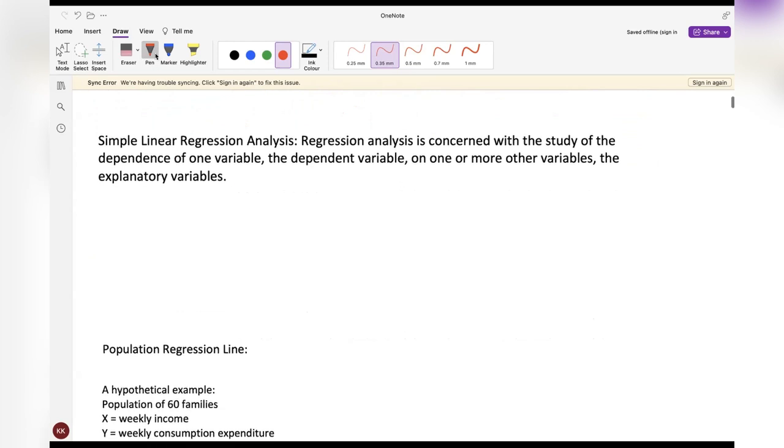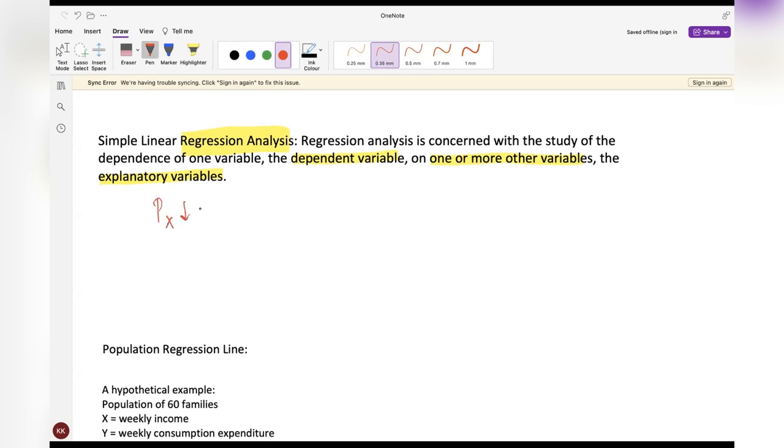Next, we have the concept of simple linear regression analysis. What do we understand by regression analysis? Regression analysis is basically concerned with the study of how an independent variable is impacting a dependent variable, right? So it is concerned with the study of dependence of one variable, the dependent variable, on one or more variables, the explanatory variable or independent variable. For instance, again, in the law of demand, we have price.